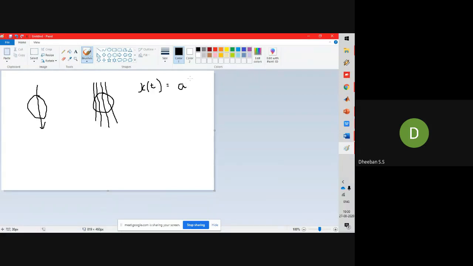If you are putting the minus of x of t here, in general what happens is, I'll give it an example.